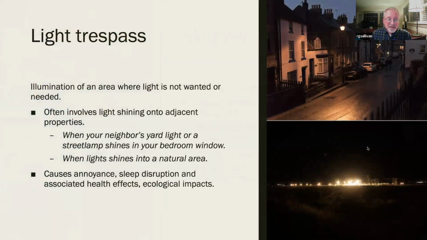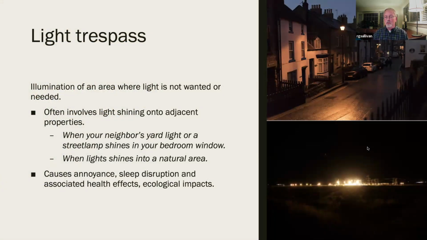Light trespass is illumination of an area where light is not wanted or needed. And so if you are like me, a person who has lights from the neighbors or street lights shining into your house at night, you are being impacted by light trespass.